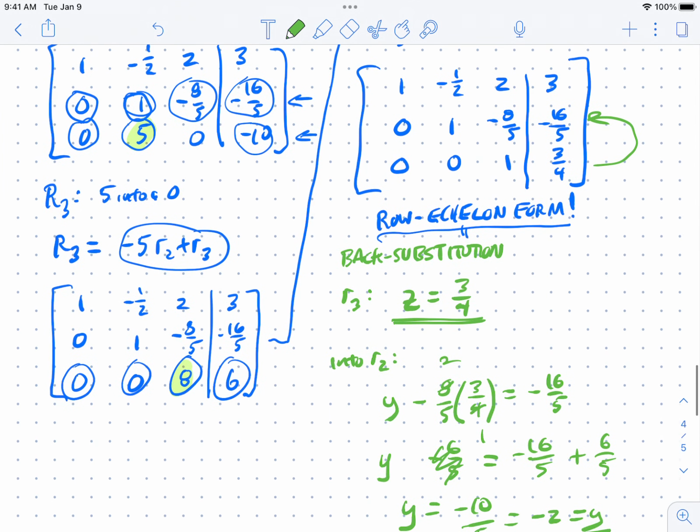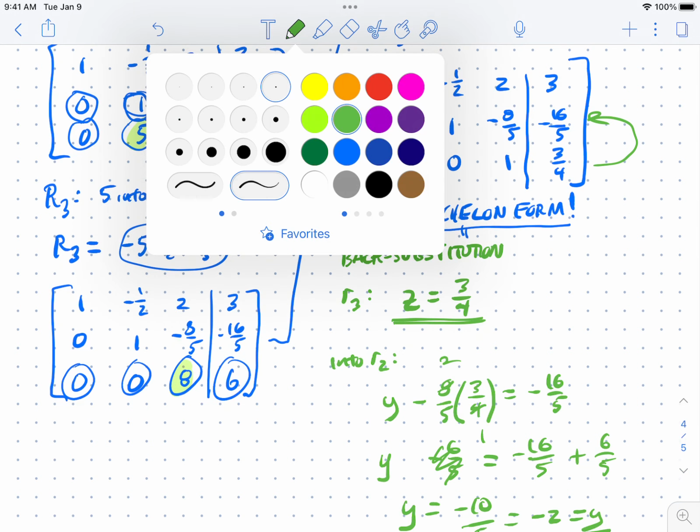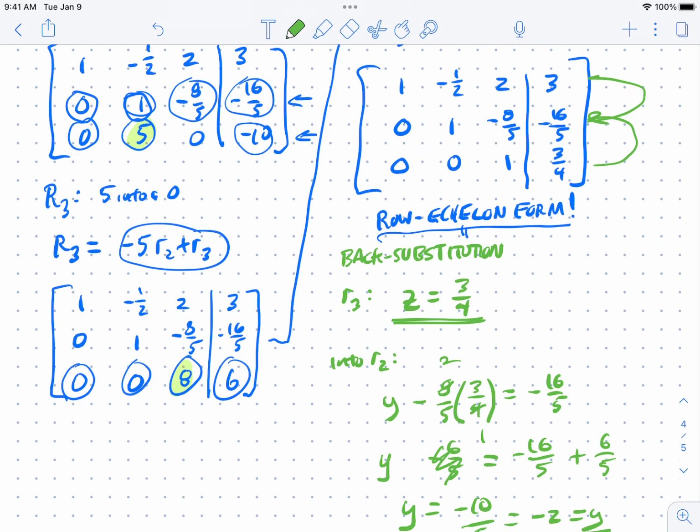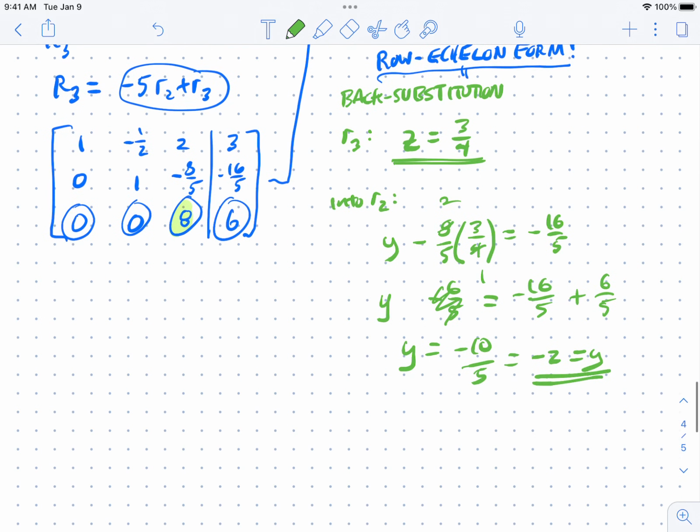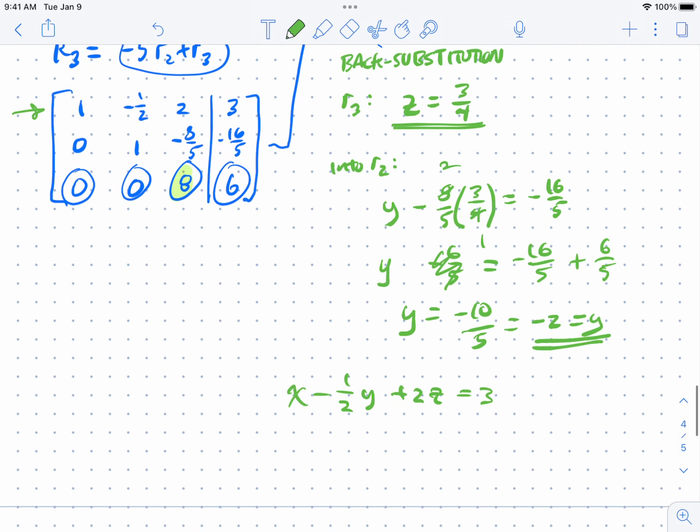Now we take both of those and we come up to the top equation and plug into that one. We've got x minus 1/2 y plus 2z equals 3. That's what the top equation is.